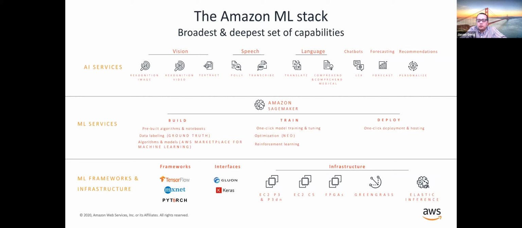Okay, so the next question is how to do data cleaning in SageMaker. Data cleaning, there are many things you can do, primarily in the Amazon SageMaker build stage. We have data labeling, right?